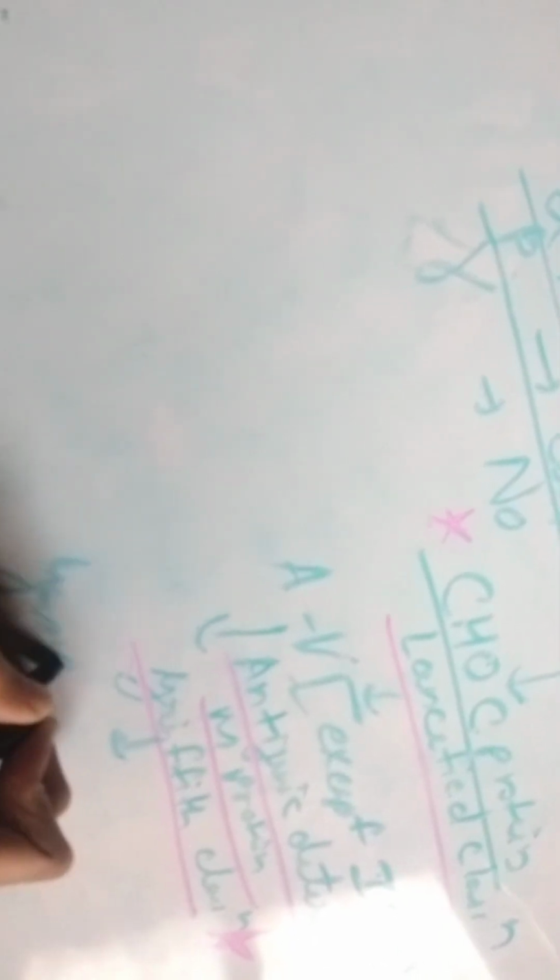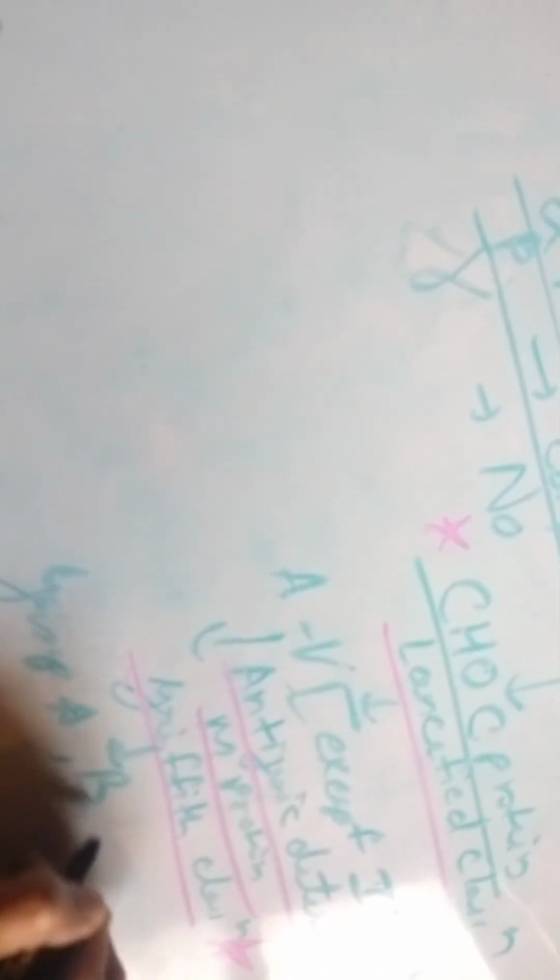Here is another MCQ: on the basis of the antigenic determinant, that is M protein, which classification is there? Griffith classification. In Griffith there are groups: group A, group B, and group D. Group A means Streptococcus pyogenes.